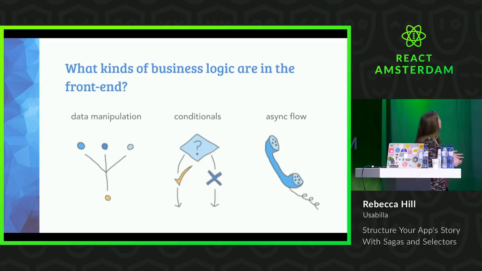Okay, so let's split the problem up into three main areas. Firstly, we have data manipulation. So say we need to display a user profile. Well, some of the data might come from user input and some from an API endpoint. Well, we might want to merge that data in a specific way. Next up, we have conditional business logic.